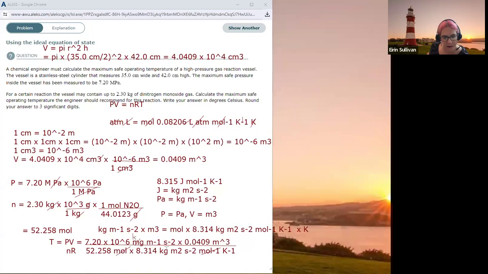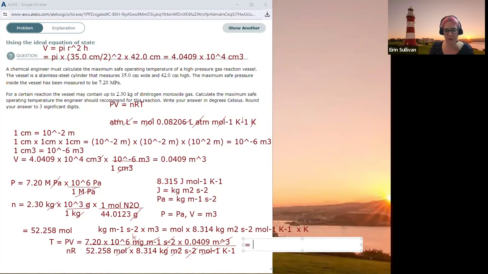Meters to the -1 times meters to the +3 is meters squared. So that is going to cancel out with this meter squared. And seconds to the -2 is going to cancel out, which leaves me with 1 over Kelvin to the -1, which is going to be Kelvin. So it's going to give me a temperature in Kelvin, which is great because that's what we want.